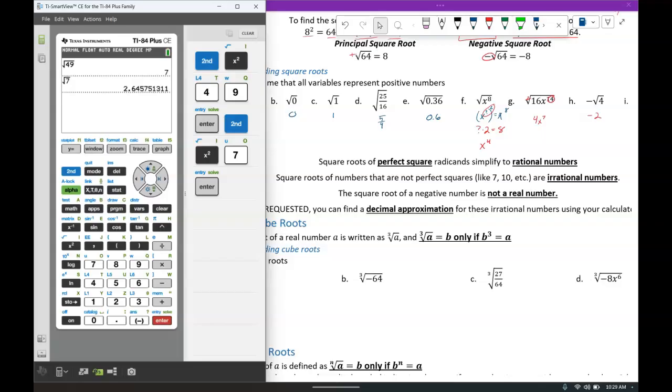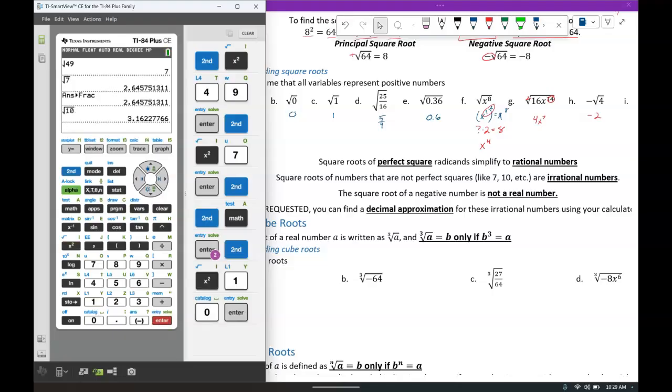The only reason it stops is because the calculator stops at a certain number of digits. If we try to convert it to a fraction, we see that it can't convert it because it is an irrational number. The same is true for the square root of 10, an irrational number.